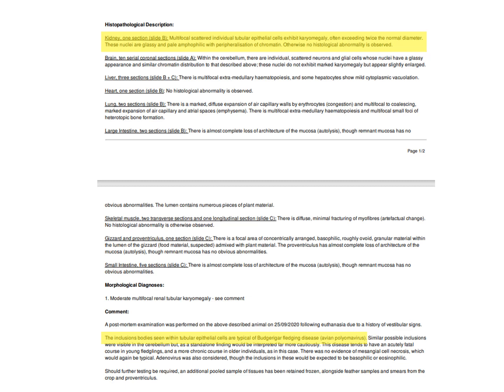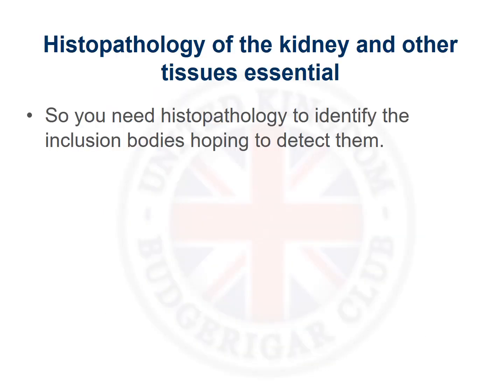So even though you might not find it in the bird, if you've got inclusion bodies in the kidney, that's giving you a serious nod that this bird is clinically affected with polyomavirus. So get histopathology, confirm the inclusion bodies, don't be relying on other tests.